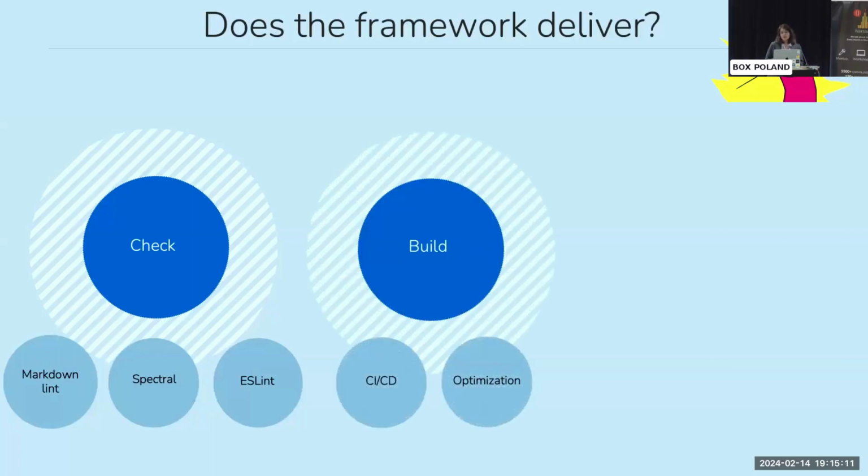When it comes to build, we need to make sure that the build runs smoothly, right? So it starts and it hopefully doesn't fail. This is what Netlify takes care of, but we are working very hard to automate this process even more.